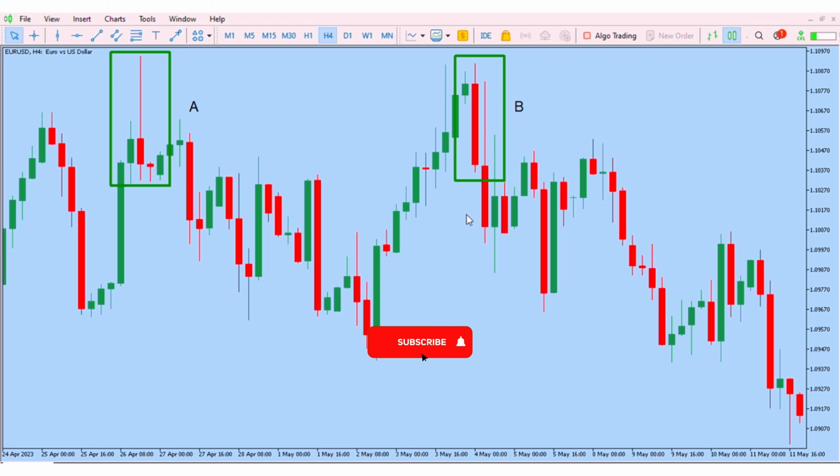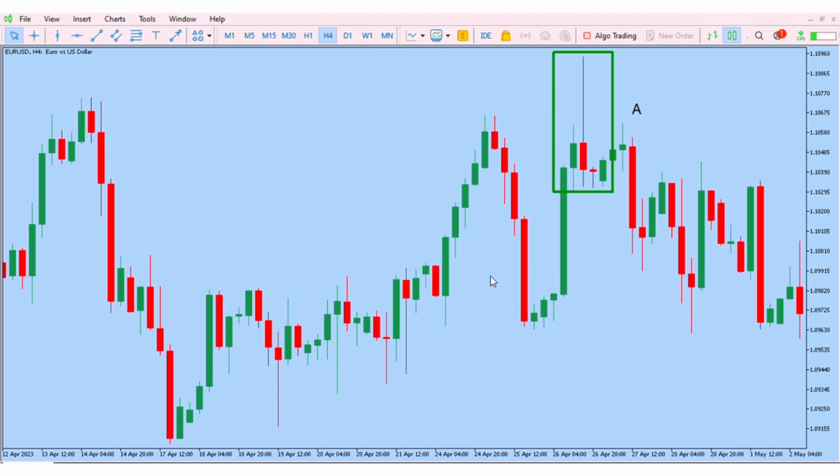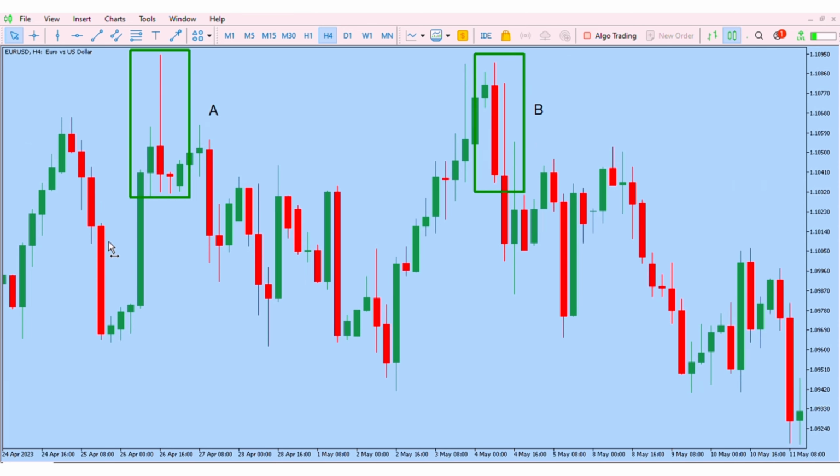After the appearance of the shooting star, which made prices come down, then an engulfing pattern formed at the same resistance level. Here is the first touch at the level, the second, the third at point A, while the engulfing pattern is the fourth. If you notice, the high and low of the bearish candlestick fully engulfed that of the previous candle.